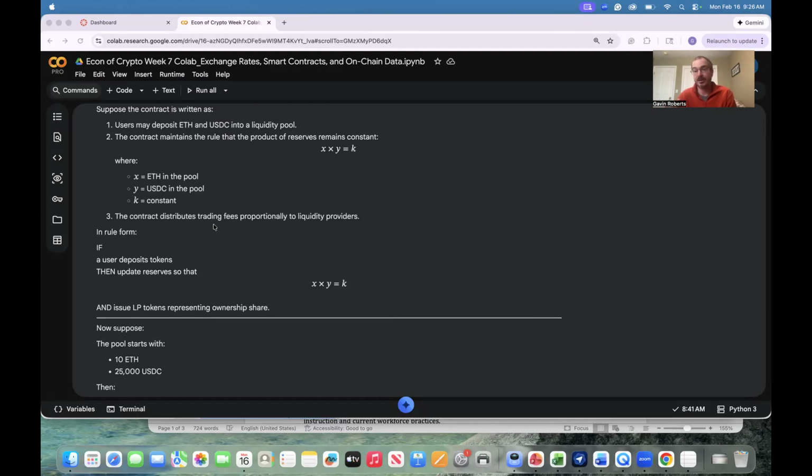But we want to do all this in a decentralized way, so we need to do it with a smart contract. The smart contract maintains the rule that the product of reserves remains constant, because we put all of the money in the pool. If prices move significantly in one direction or the other, the pool composition has to change.